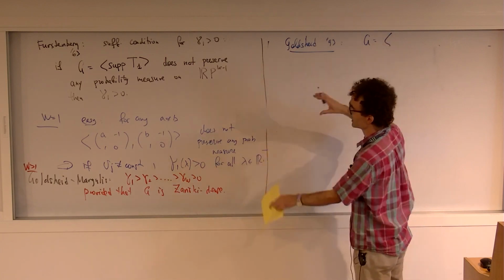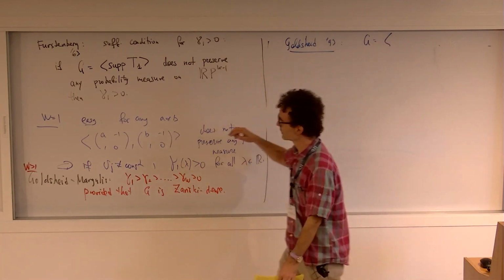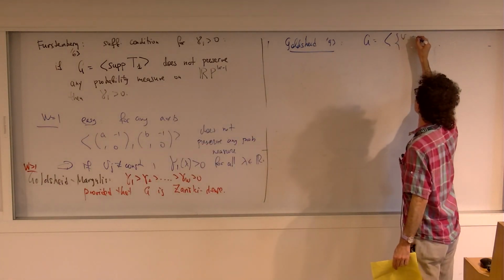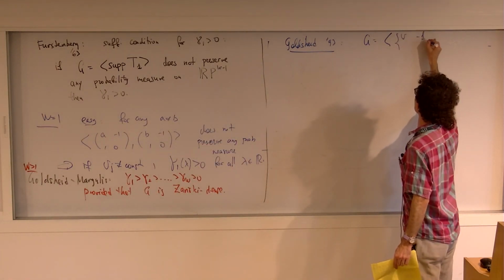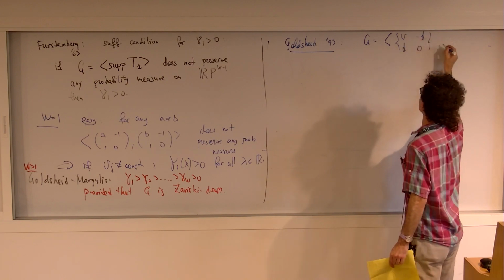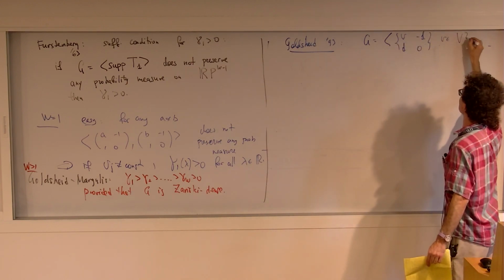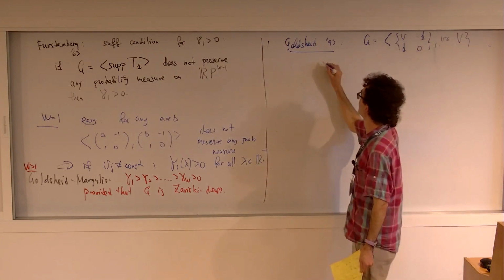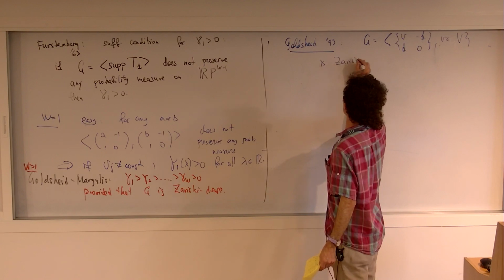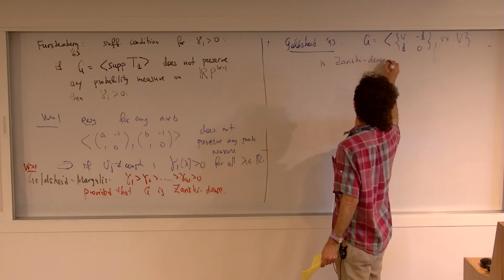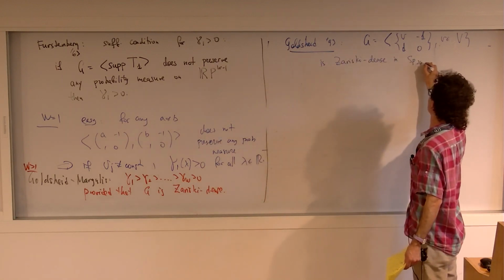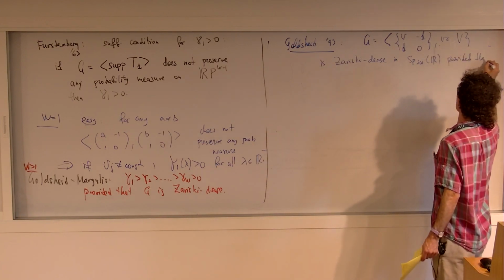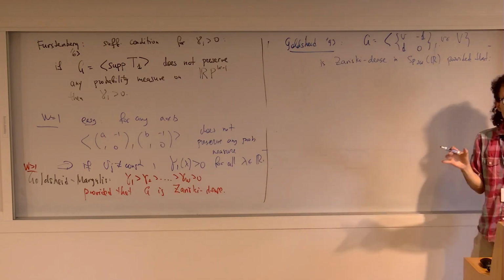stated the following: that the group G generated by a bunch of matrices of this form, V, -1; 1, 0, where V varies in some set, is Zariski dense in the symplectic group, provided that, okay, we need to exclude trivial cases.